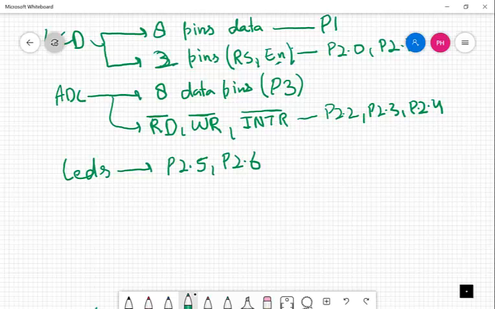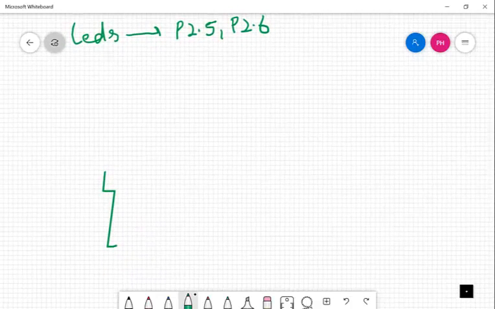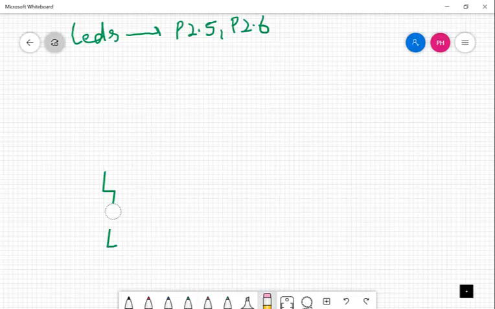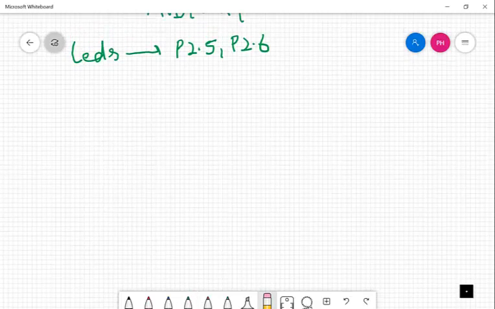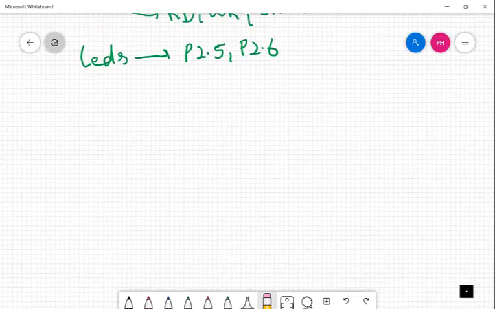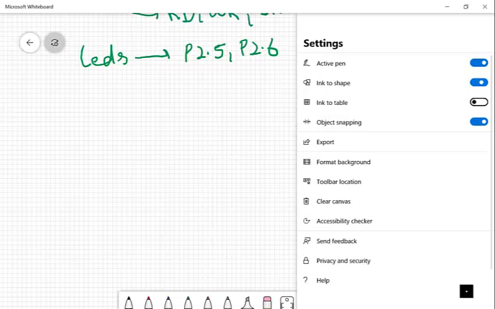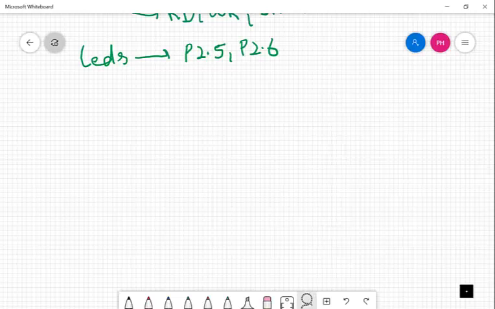Let me very patiently and very neatly try to draw the hardware diagram, the circuit for this. This will be my microcontroller.